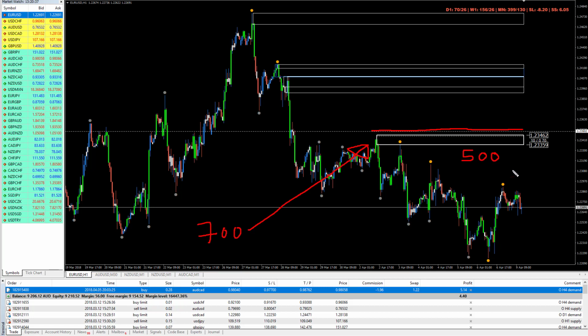So if price is pushed through this level, what's going to happen? It's going to trigger all of those people's stops. People who are selling are going to be buying back.